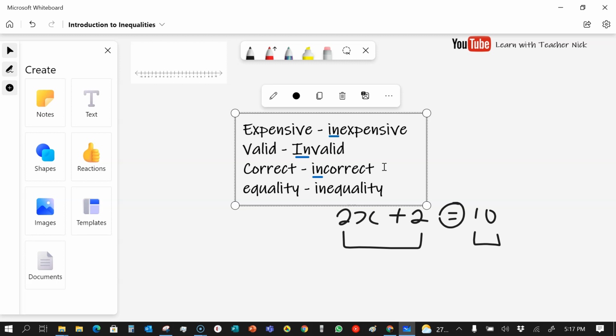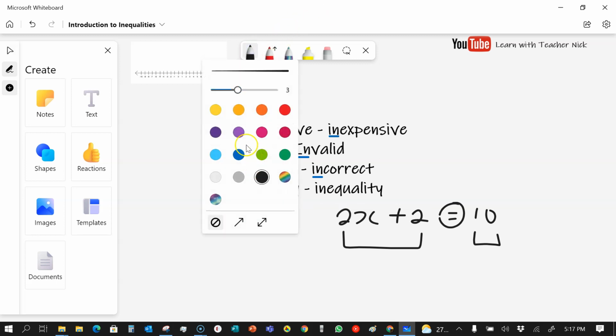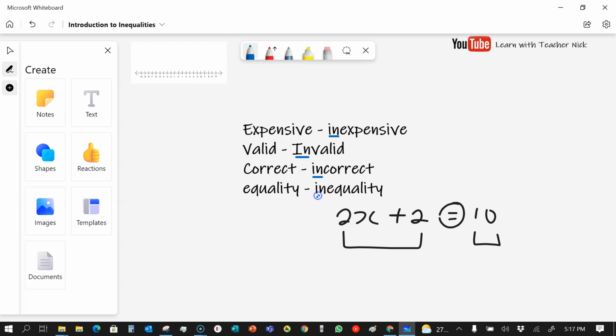If we have equality, it means the left-hand side is equal to the right-hand side. So inequality means the left-hand side is not equal to the right-hand side. And again, as you can see, we also added the same thing, which changed the meaning of the word. We added this prefix, in, which means the opposite of equality.